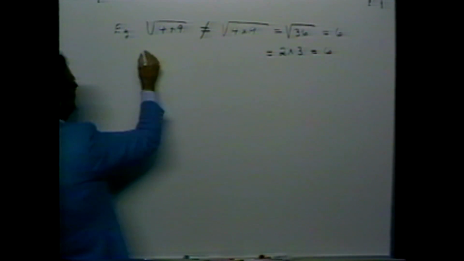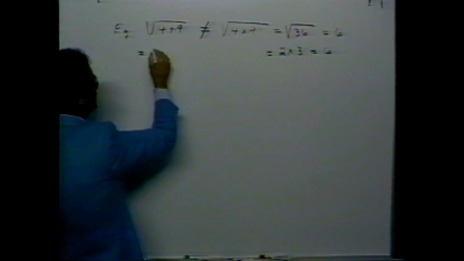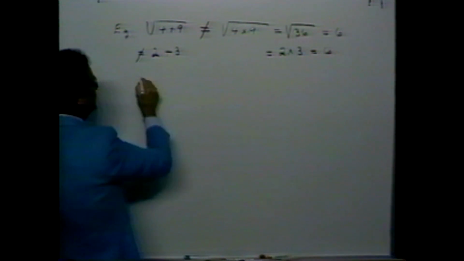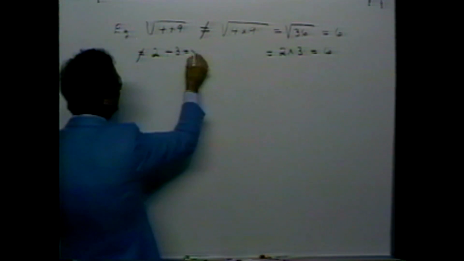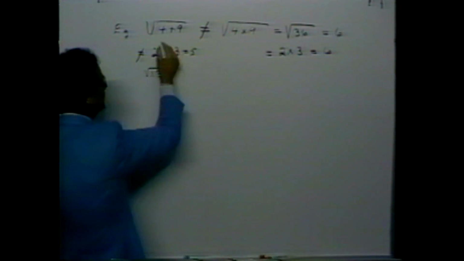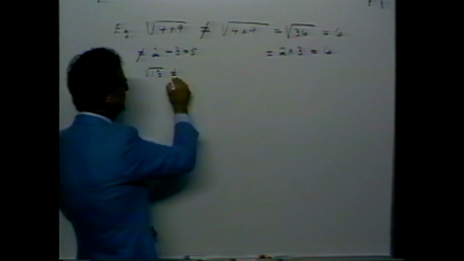If we took the left-hand side and said, could it be the same as 2 plus 3? The answer is no, because 2 plus 3 is equal to 5. And the square root of 13, which is the sum of 4 and 9, is not equal to 5.